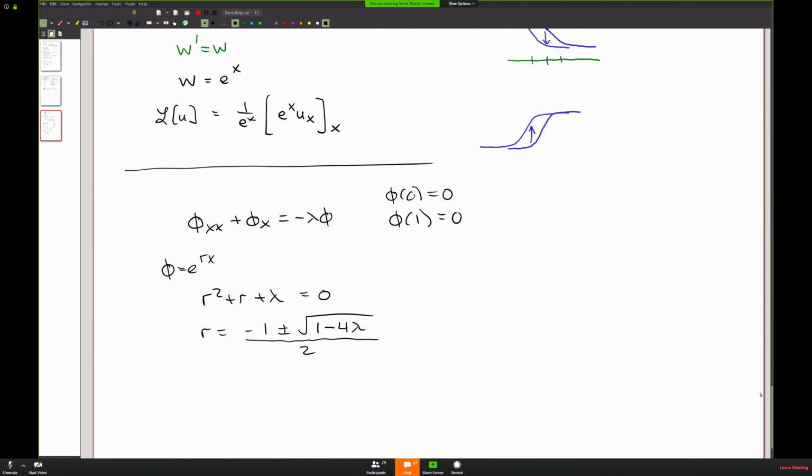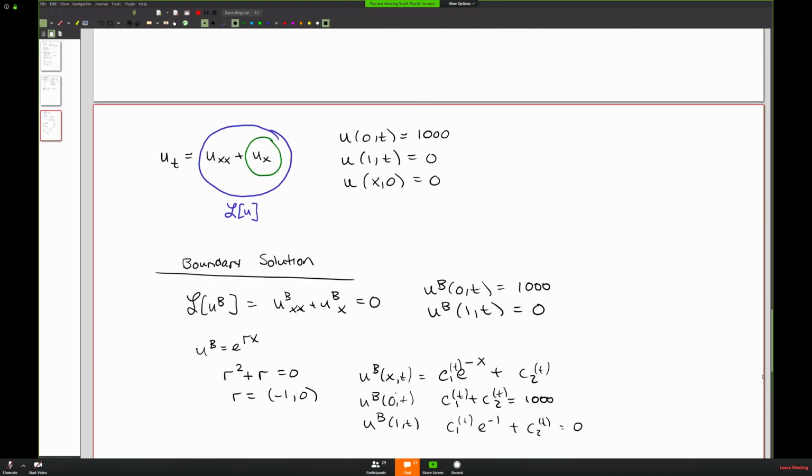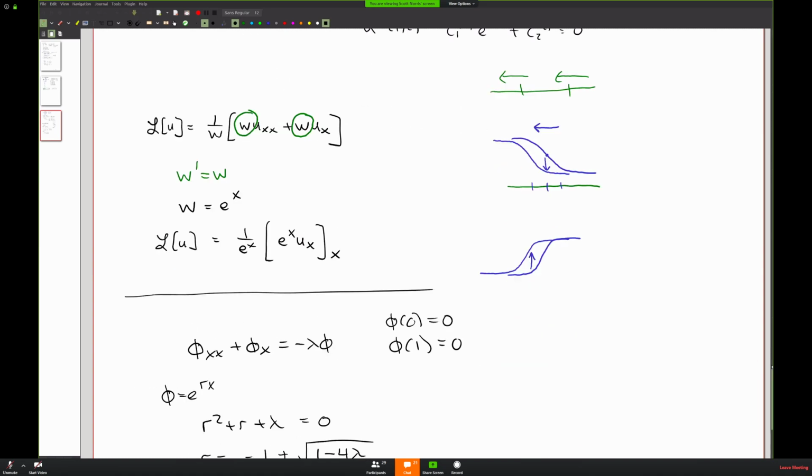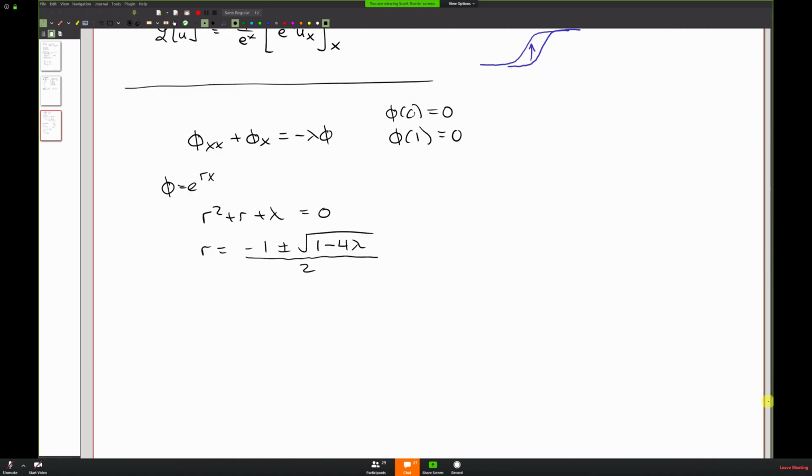All right, now, because I've had my boundary solution, my interior problem is going to have homogeneous boundary conditions. What I really want to focus on today is finding these eigenfunctions and showing how to combine the Sturm-Liouville with the diffusion equation. So here are R's.